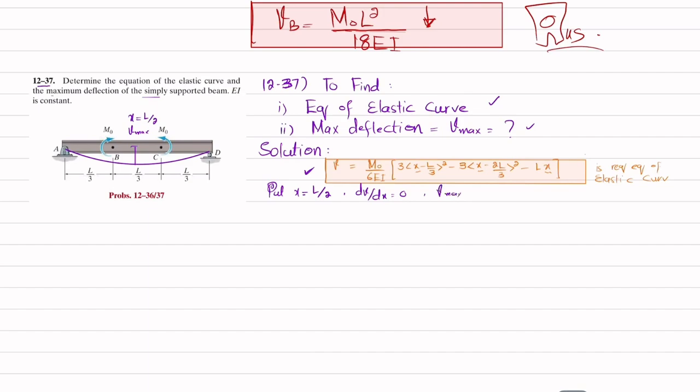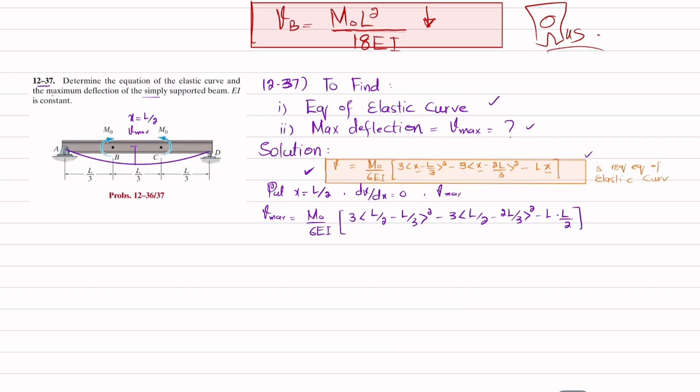So put it in this equation, so you will get Vmax equal to m naught by 6 EI, and x will be replaced by L by 2: 3 into L by 2 minus L by 3 whole square minus 3 into L by 2 minus 2L by 3 square minus L into L by 2.